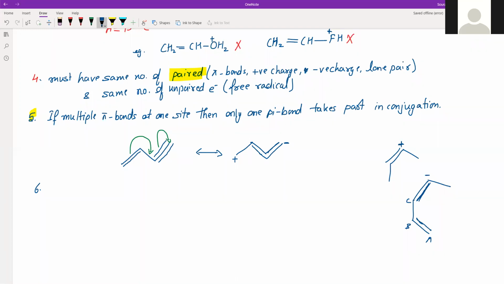So here again, the negative charge will not take part; this will remain as it is. This won't delocalize. It is only the pi bonded electrons which will delocalize. So this will come from here to here and this will come here.